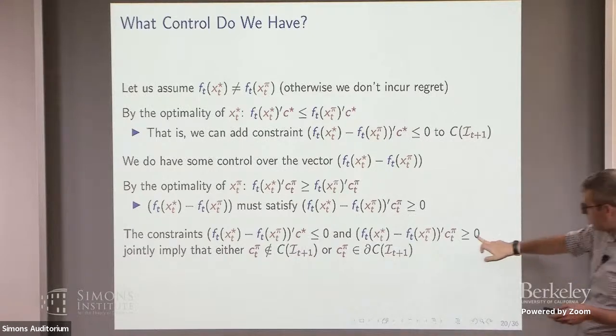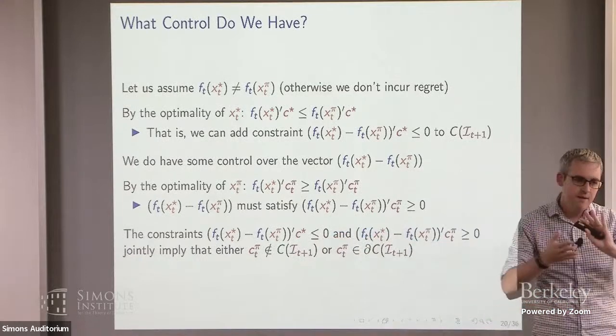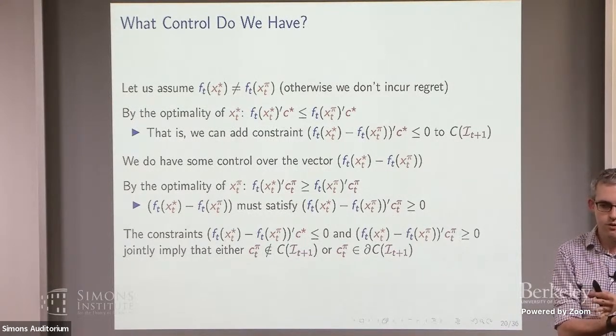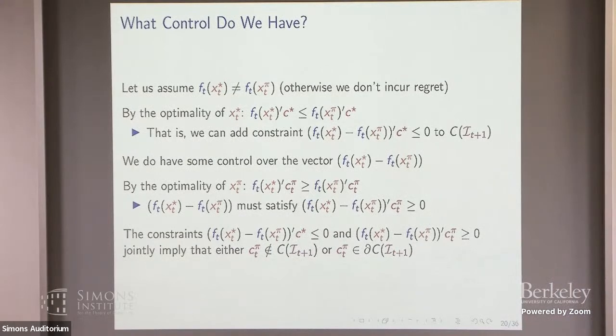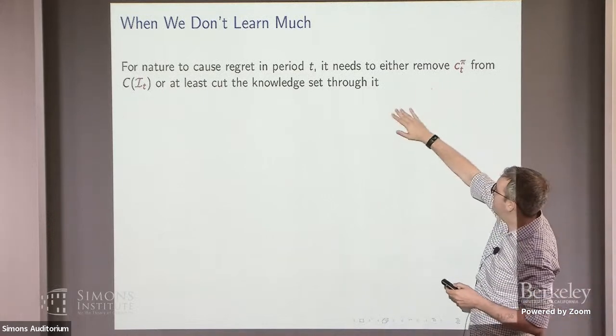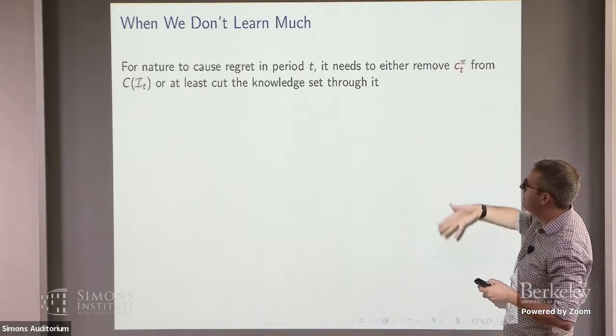It's not exactly true, because these can be equalities. So nature can throw the proxy cost to the boundary. What this is saying is that whenever I choose a proxy cost, nature needs to cut through it, or needs to throw my proxy cost to the boundary. So when we don't learn much is when the proxy cost is right on the boundary.